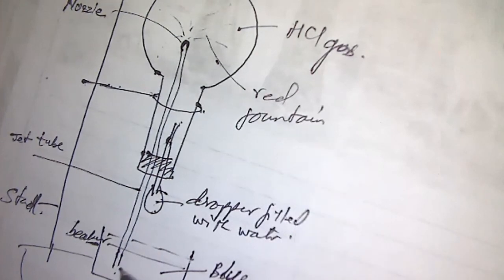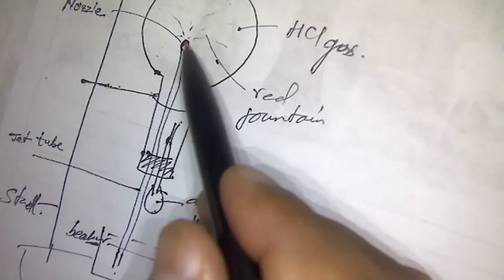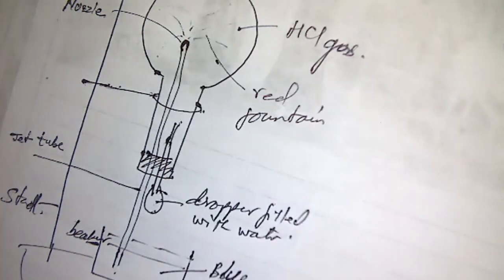A fountain is formed. But that fountain will be a red fountain. We are using blue. This whole thing will be blue. Till here it will be blue. But when the fountain is formed, it will form a red fountain. Clear? So why is a red fountain formed?